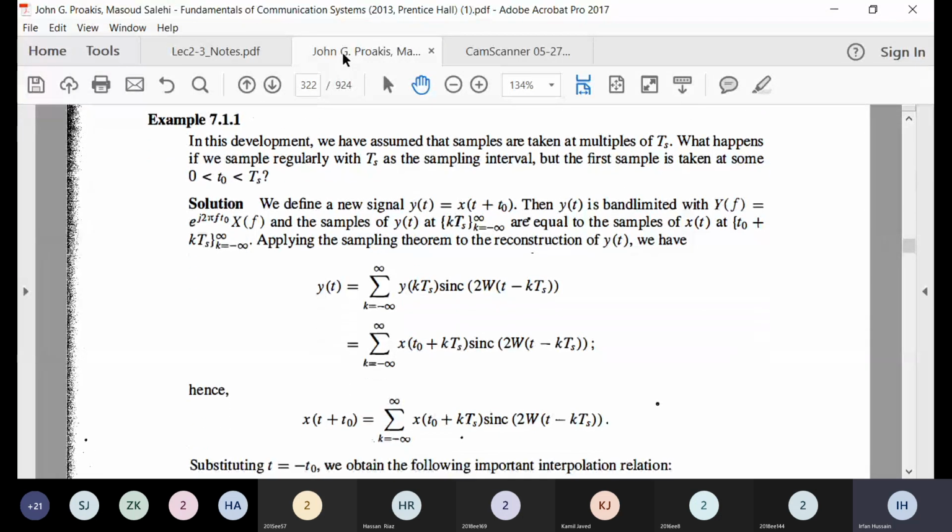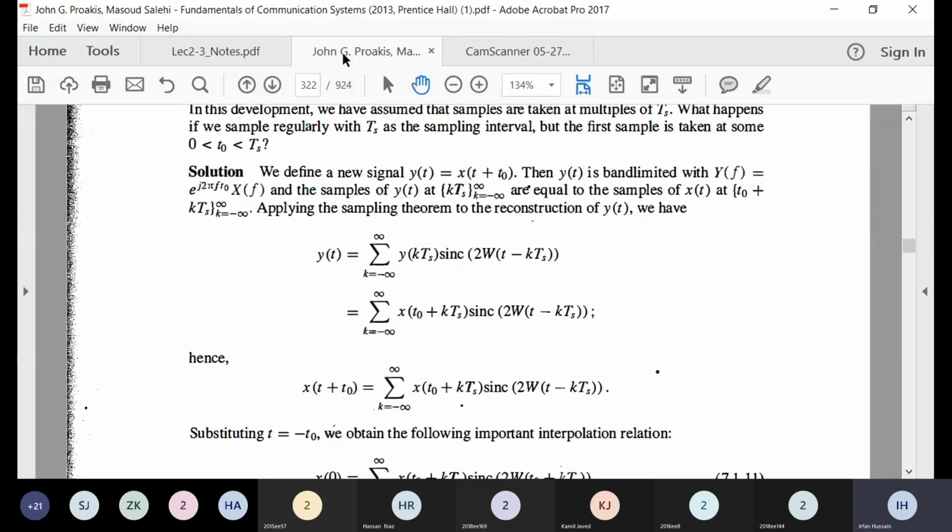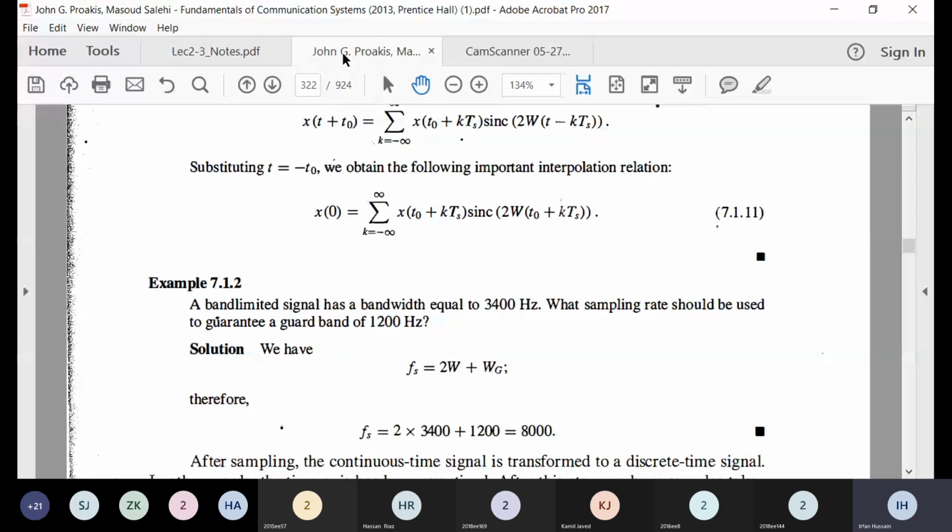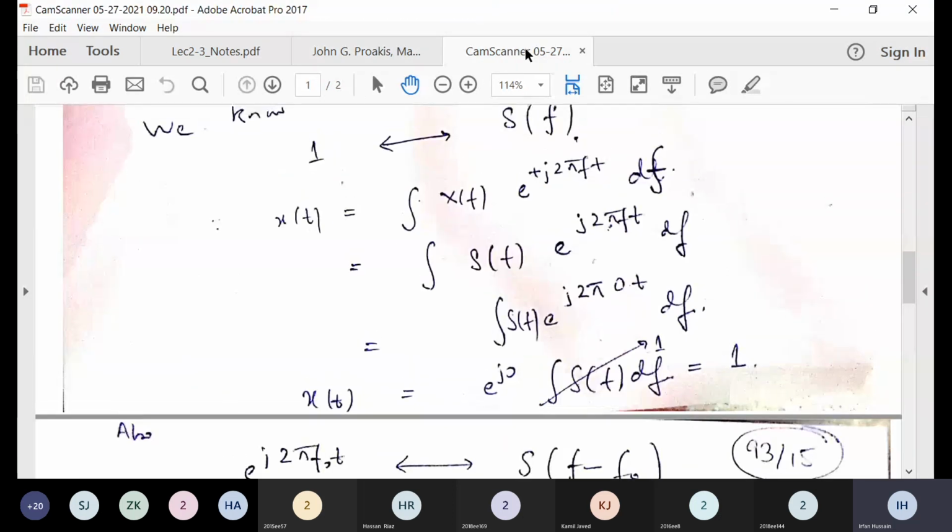So this example is very simple. He is just sampling at x(t) plus t naught. So again, you just have to apply the sampling theorem. Here he has given that this is the bandwidth, but you also need a guard band. So you will multiply it by 2, and then add the guard band, as I have shown in the notes here.